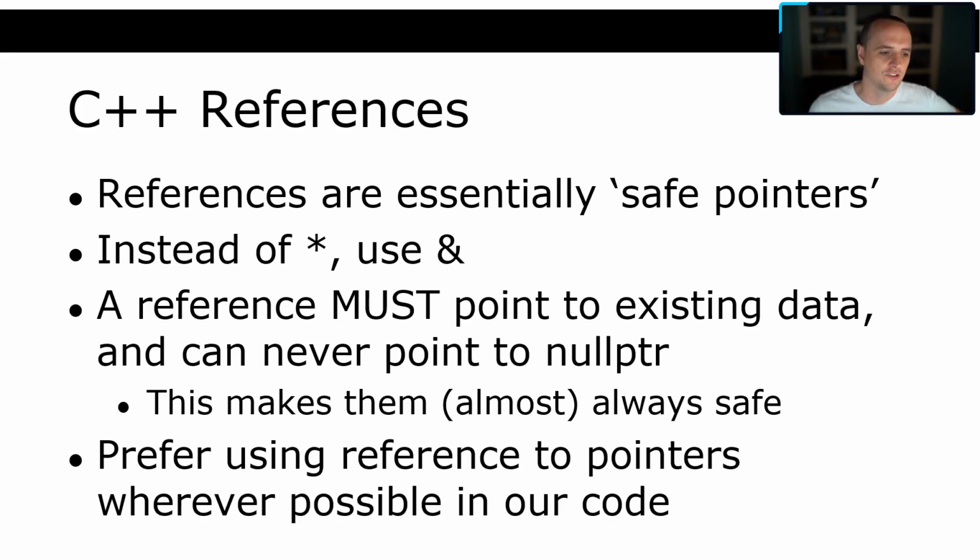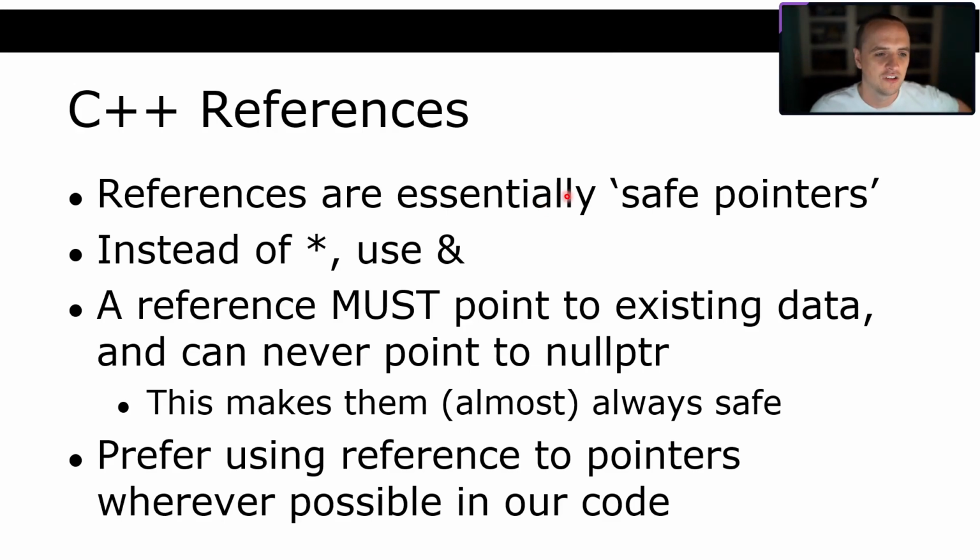References are essentially safer pointers. And how you set up a reference is, instead of using an asterisk, you use the ampersand. Why in the name of God would they use the ampersand? It's used for the address-of operator, but they did. They just used the same symbol again.